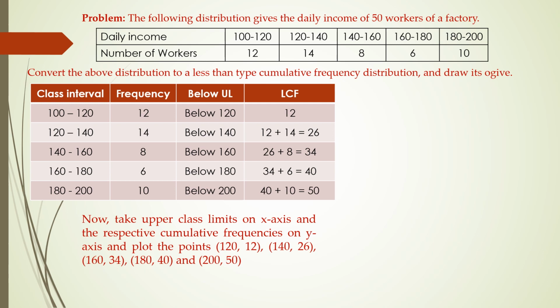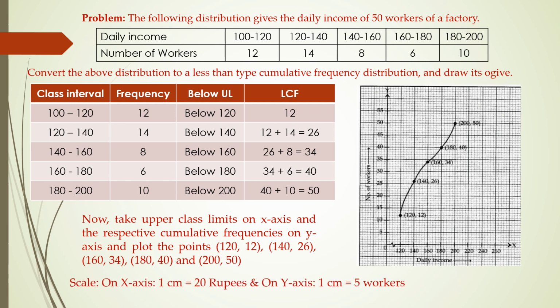And if we observe the respective y coordinates, 12, 26, 34, 40 and 50, these are nothing but the cumulative frequencies which we got in the fourth column. Therefore, by using the upper limits and the respective cumulative frequencies, we can get these points. Now, by taking a suitable scale on both the axes, we'll plot these points on a graph.